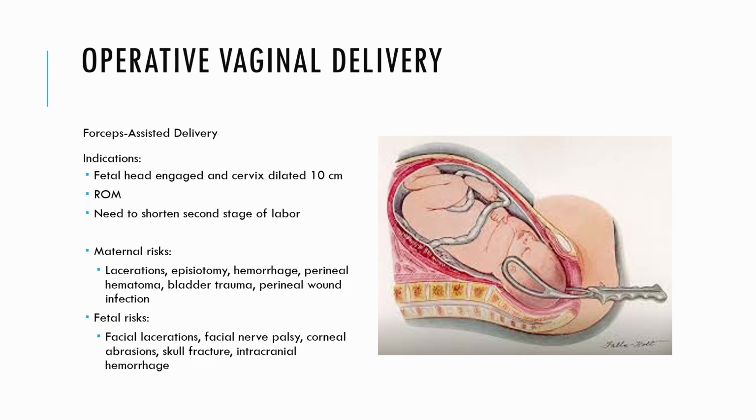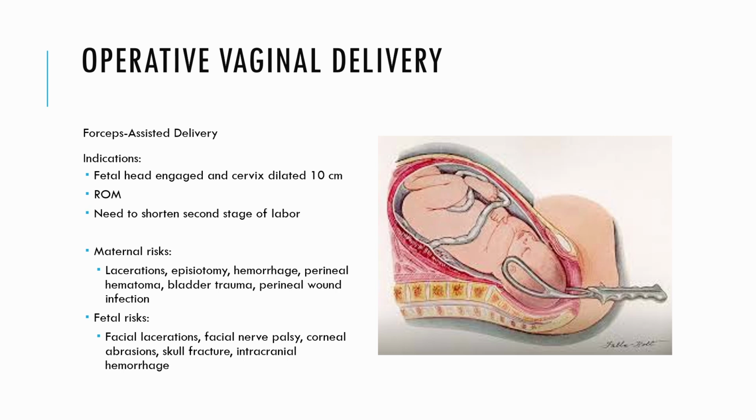Her water has to be broken. And they can use it to help shorten the second stage of labor. I see I have another spelling error there. There are a little bit more risks here because it's a metal device. Okay, I'll bring this to class for you guys to look at. They kind of look like salad tongs to me in a way, or salad tossers.